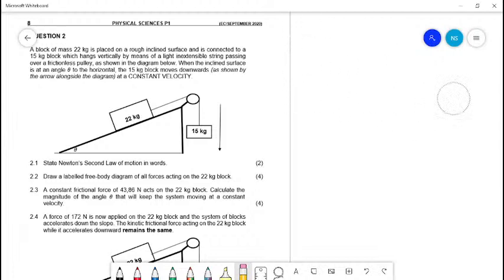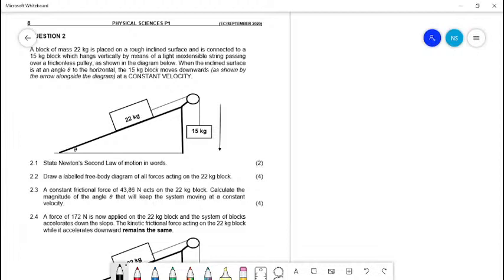So it's question 2. So in question 2, we are given certain instructions, as we can see there. So we need to read the problem statement, or the description of the question.